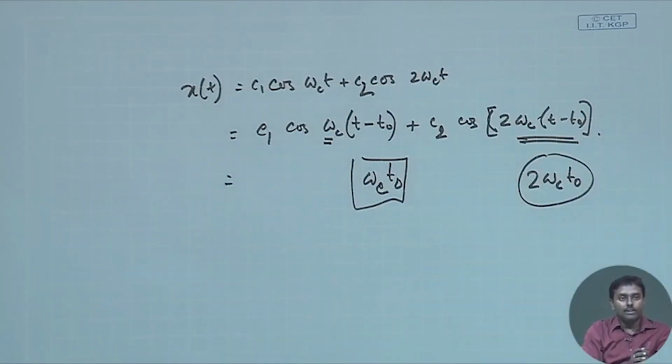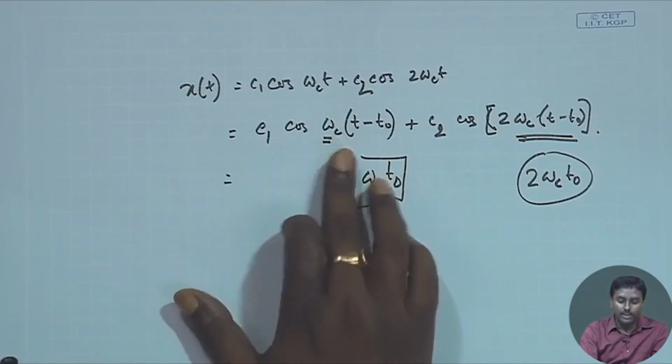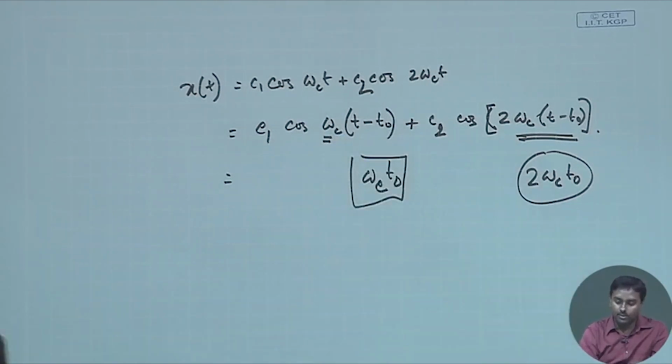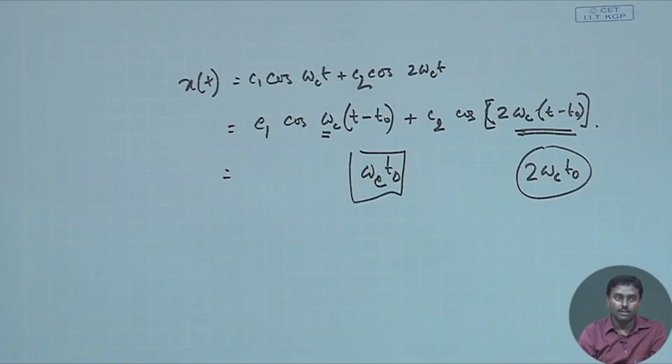Different frequency components will get different overall phase shifts. The delay was already t0, so that is the phase shift we are getting. So, this particular frequency component is getting a phase shift of omega_c t0, and the other is getting a phase shift of 2 omega_c t0. These are the two phase shifts you are giving.